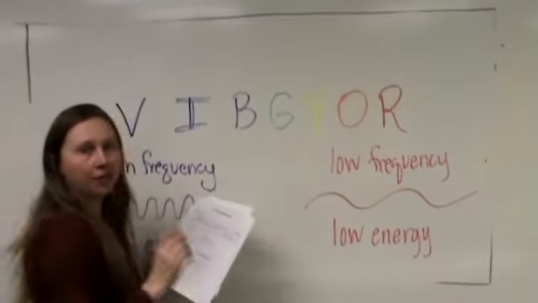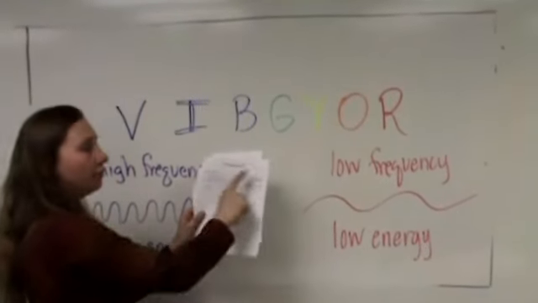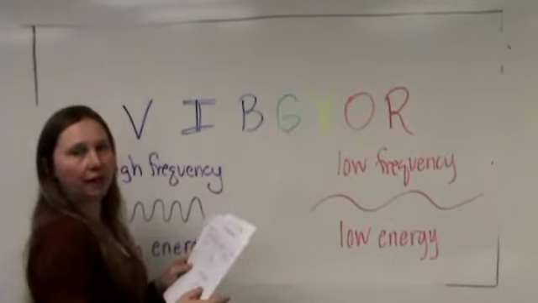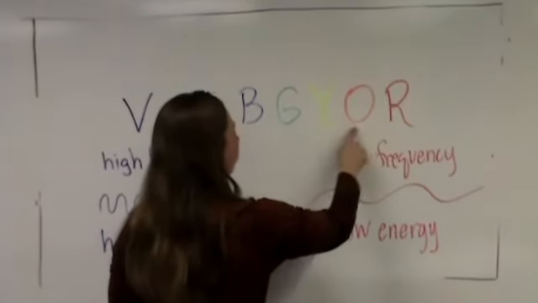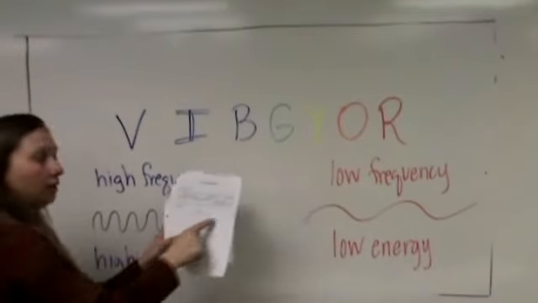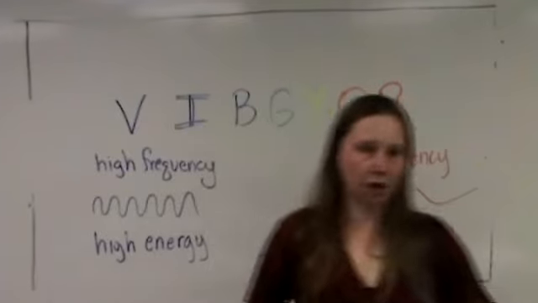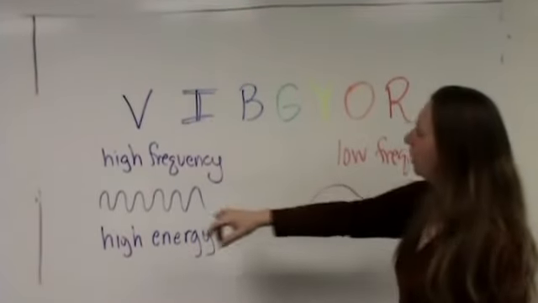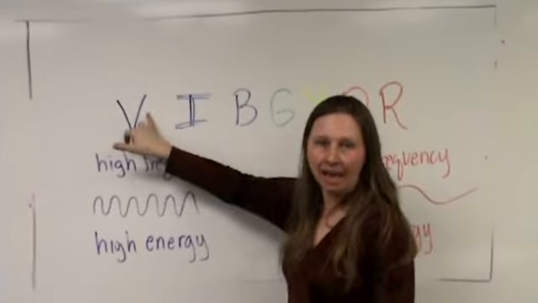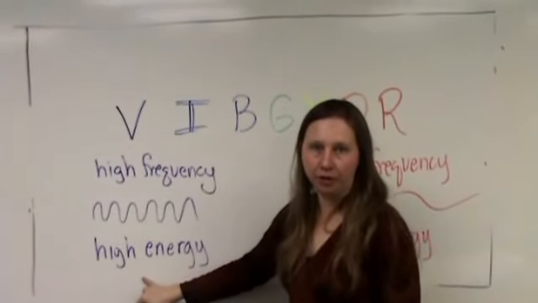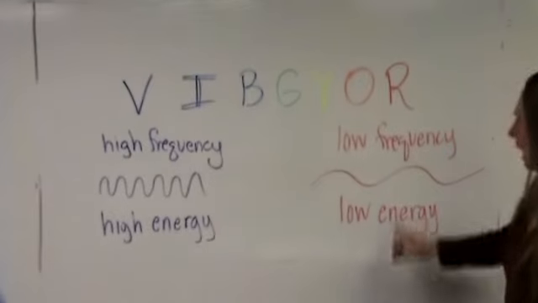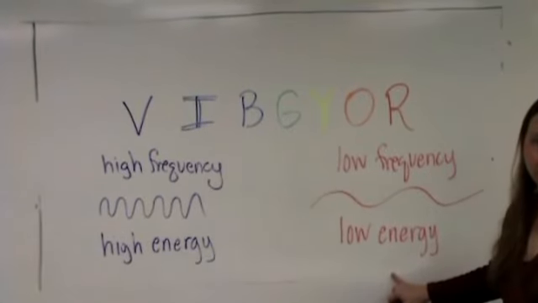So I did it the same way as your electromagnetic spectrum reference table. But you can recognize Roy G. Biv backwards. Okay? So, we know that violet light has the highest energy and red light has the lowest energy.